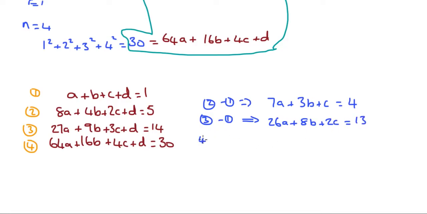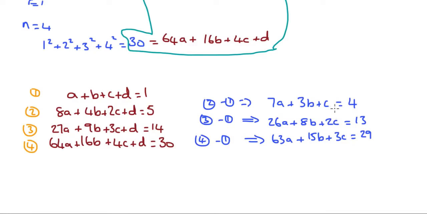If I do the same thing for the 4th row, I'll get 63A plus 15B plus 3C is 29.